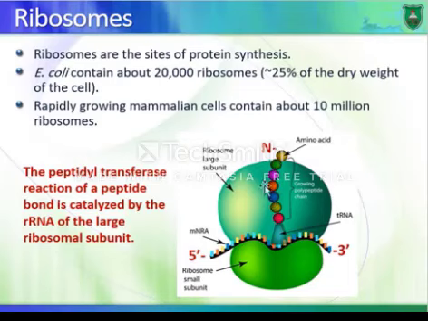This enzymatic activity is responsible for forming the peptide bond between the growing amino acid sequence and the coming amino acid, or the new amino acid that came with a tRNA.